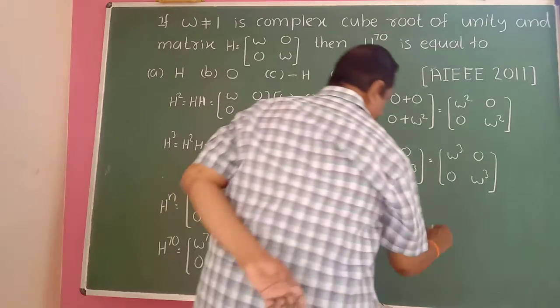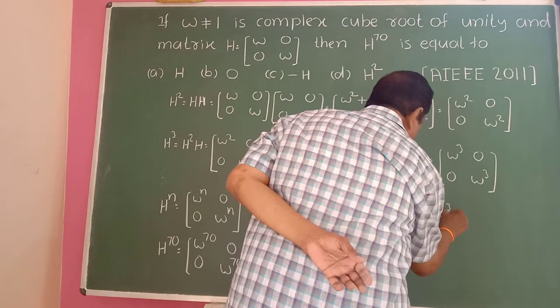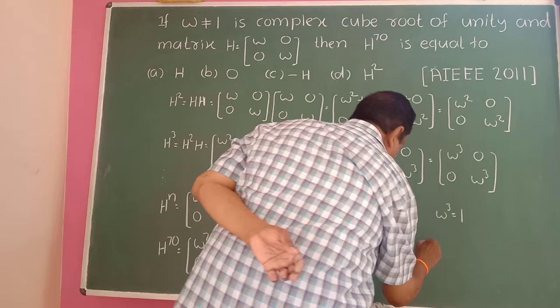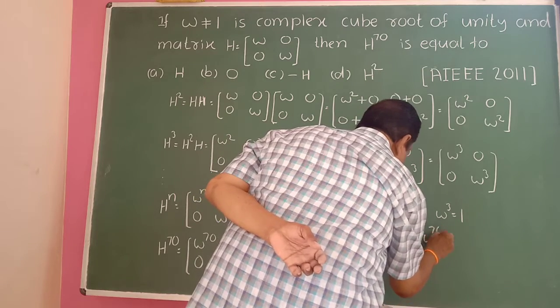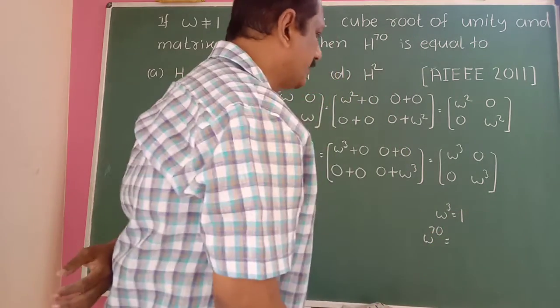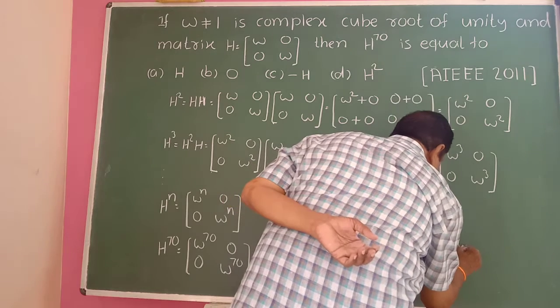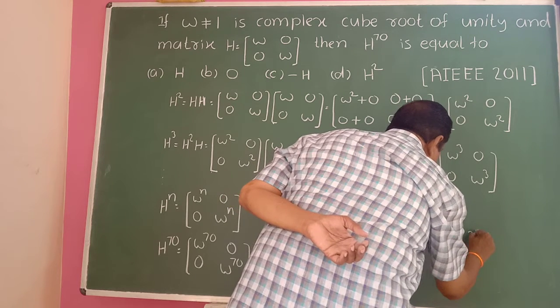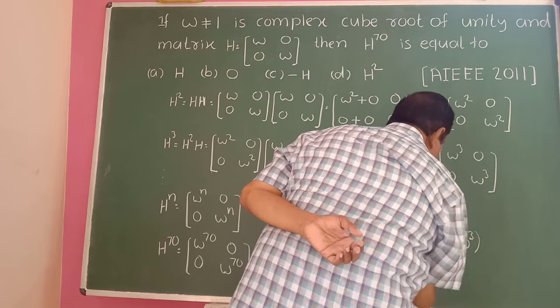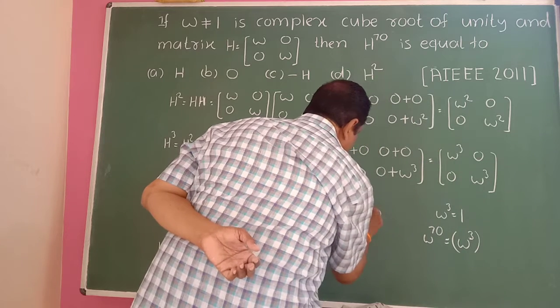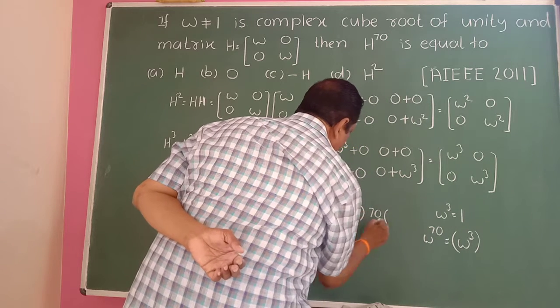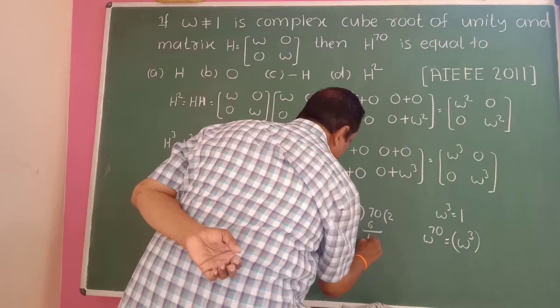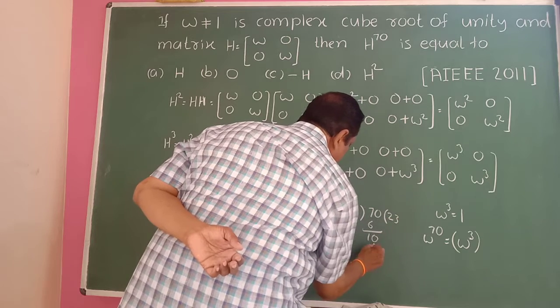Then you know that omega cube is always 1. Omega raised to 70 can be written as omega raised to 3 raised to 70 divided by 3. 3 2s are 6, then 3 3s are 9.